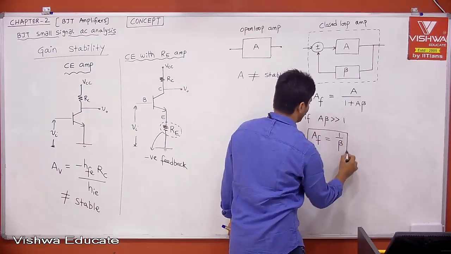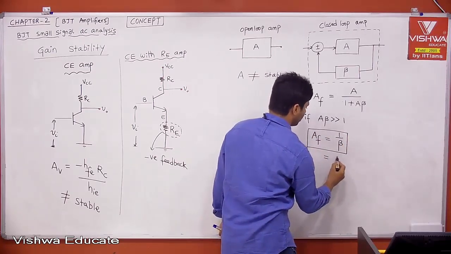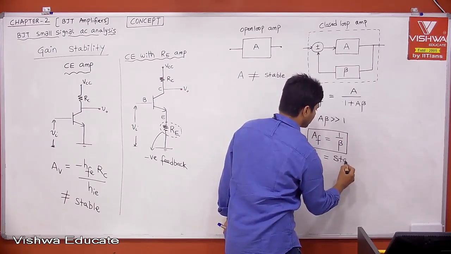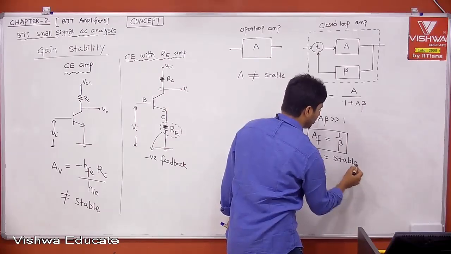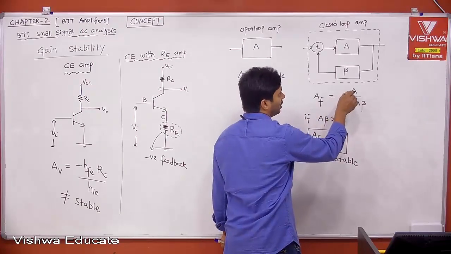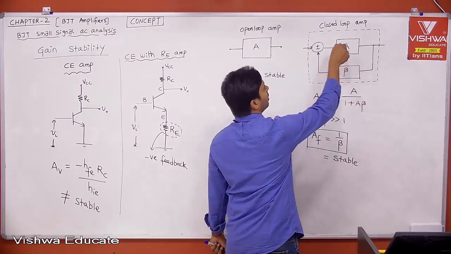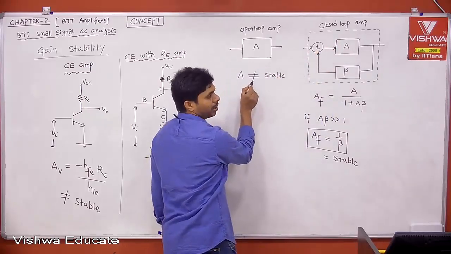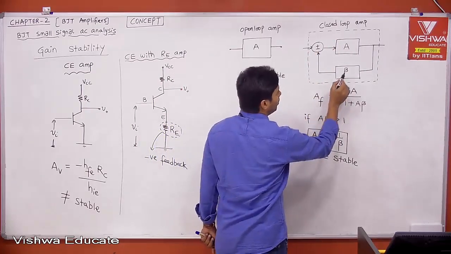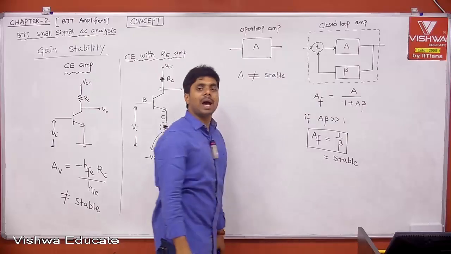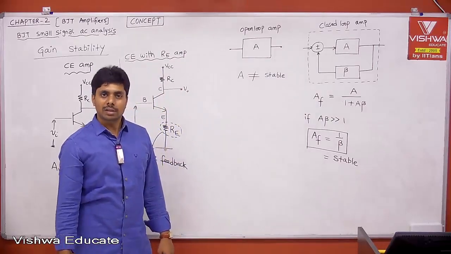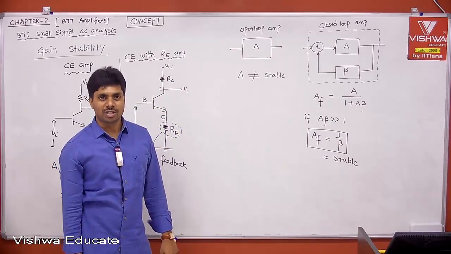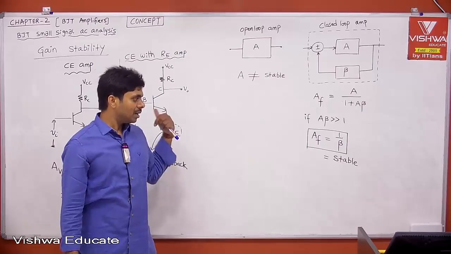Now this is what is stable. Now I can say this is stable because it is independent of open loop gain, where open loop gain is not stable. Now it is depending on only the beta network, where beta network is nothing but a passive network which is stable. There is no variation. Maybe if I apply that here, you will get it.